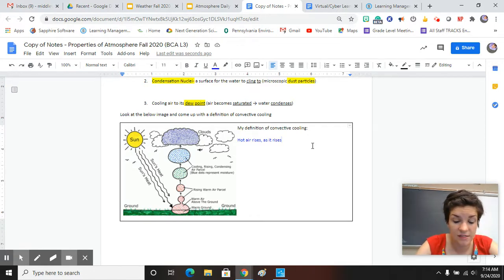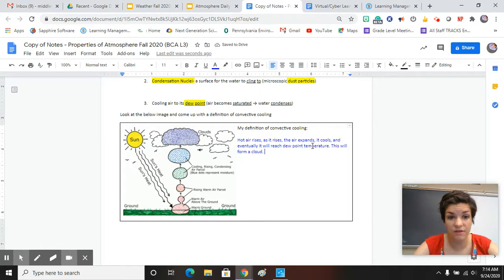You can see the bubble expands. The air expands, it cools, and eventually it will reach dew point temperature. This will form a cloud.